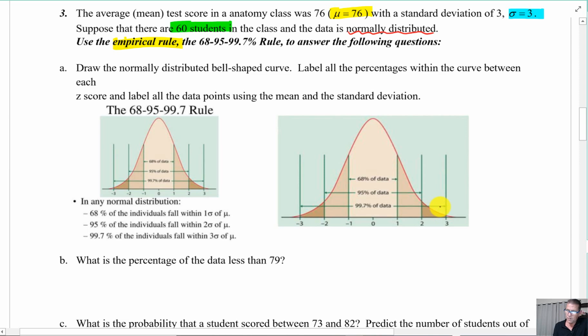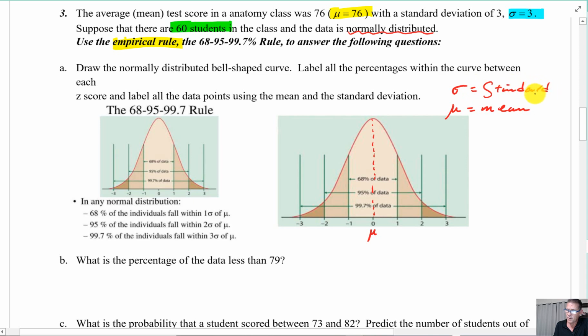Okay, so given that, we have to know that, first of all, the mean always is in the center of the data here. So this is the mean mu. Okay, remember, this means the standard deviation here.